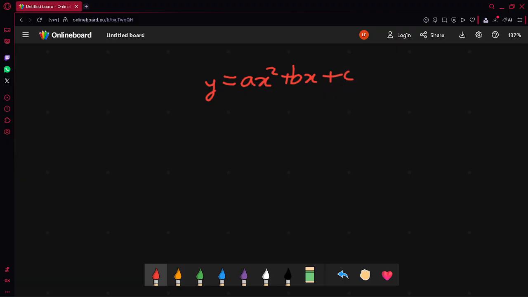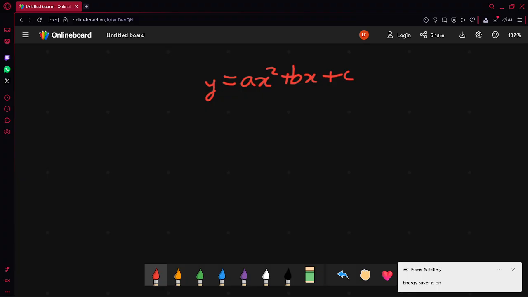If we set y equals 0, then we get a quadratic equation: ax squared plus bx plus c equals 0.